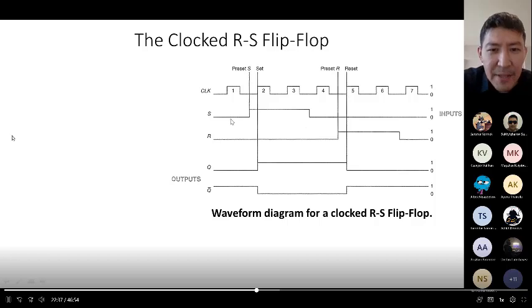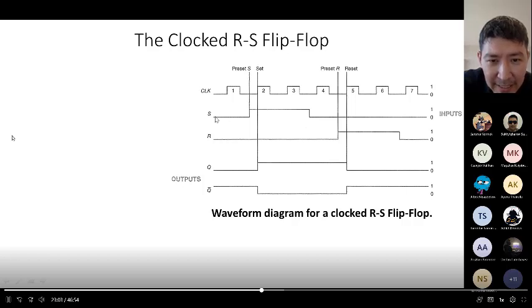Let's consider the first part. You can see that S is 0, right? And reset is also 0. Here we apply one pulse to the CLK. Let's look at the output.